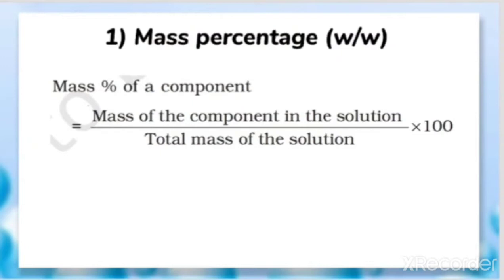Mass percentage of a component is equal to the mass of the component in the solution divided by the total mass of the solution, multiplied by 100, because here we are taking it in terms of percentage.